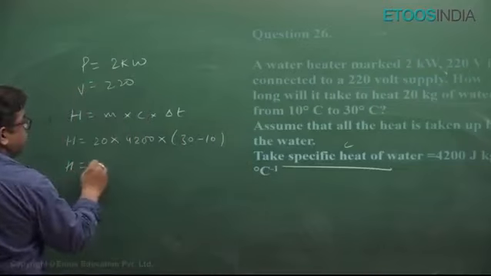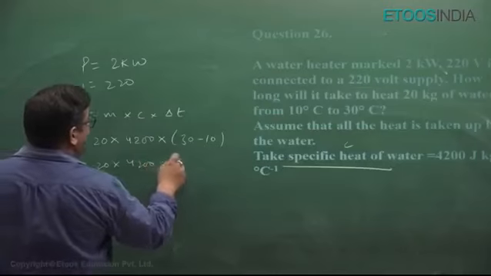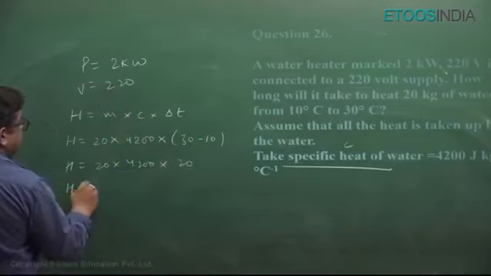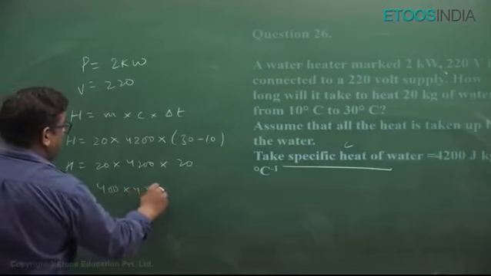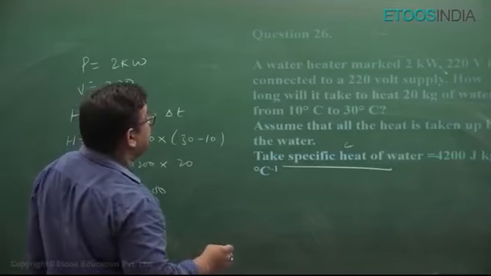So H is equal to 20 into 4200 into 20, and H will be equal to 400 into 4200. Got it?